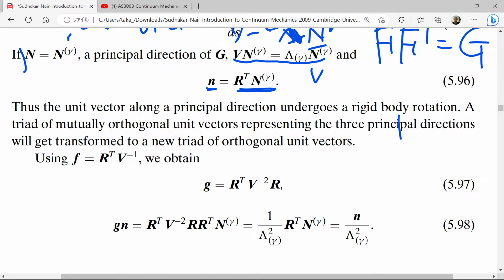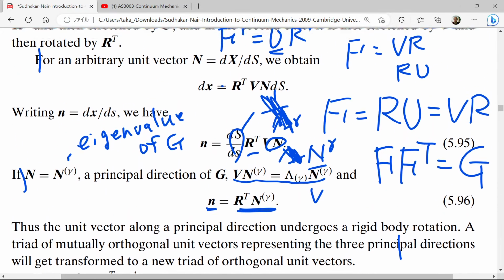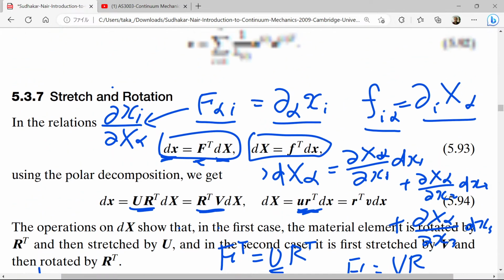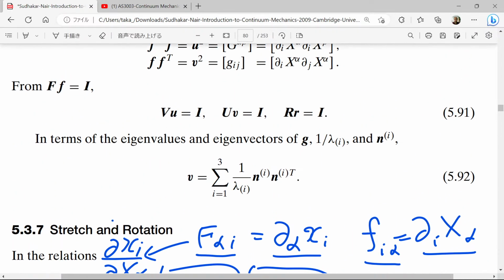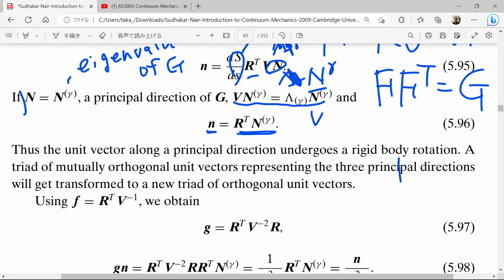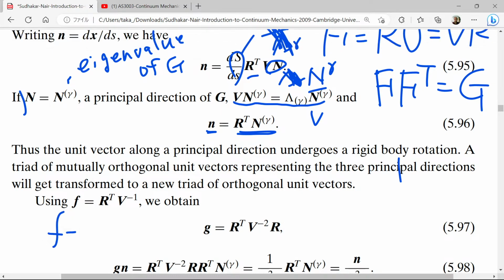Using F goes RT, R transpose V inverse. See, this is crazy. So we have FF equal I. So F, small f, is F inverse.